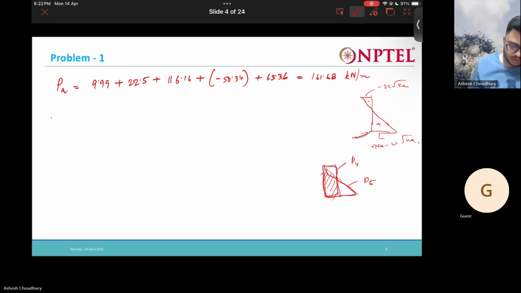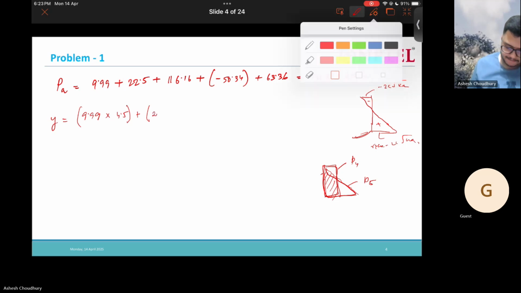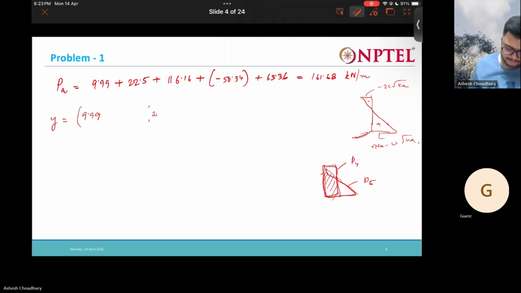So we got the thrusts, and now the moment arms. 9.99 times 3 plus 3 by 2, that is 1.5, plus 22.5 times 3 plus 3 by 3, that is 4, plus this one times 3 by 2, which is 1.5.